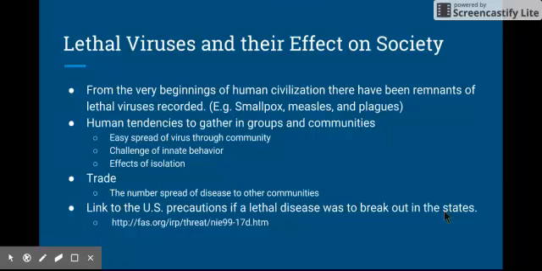There was no way to contain it because this virus must have mutated so fast. So although smallpox, measles, and plagues are really bad, this would have had to be like 10 times worse, and of course going through something such as water that everyone needs and sometimes just can't help themselves. The human tendencies to gather in groups and communities would make diseases, since the beginning of history, spread much faster.